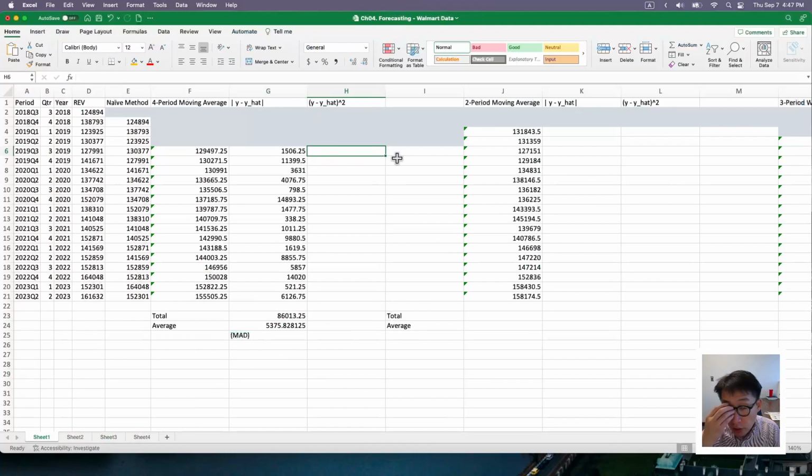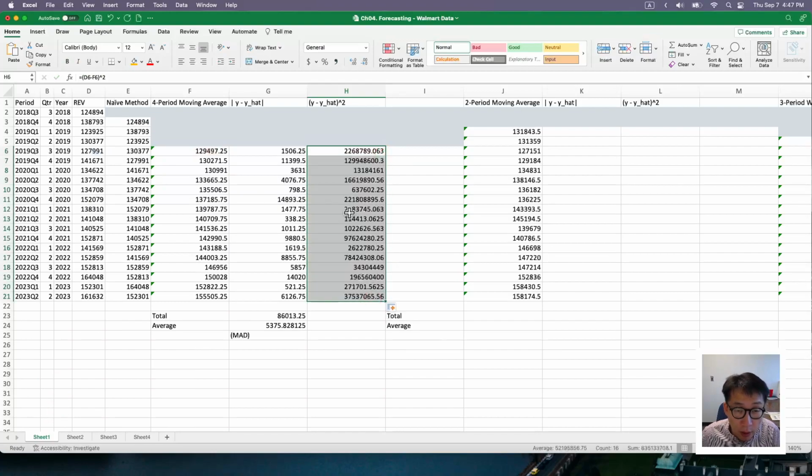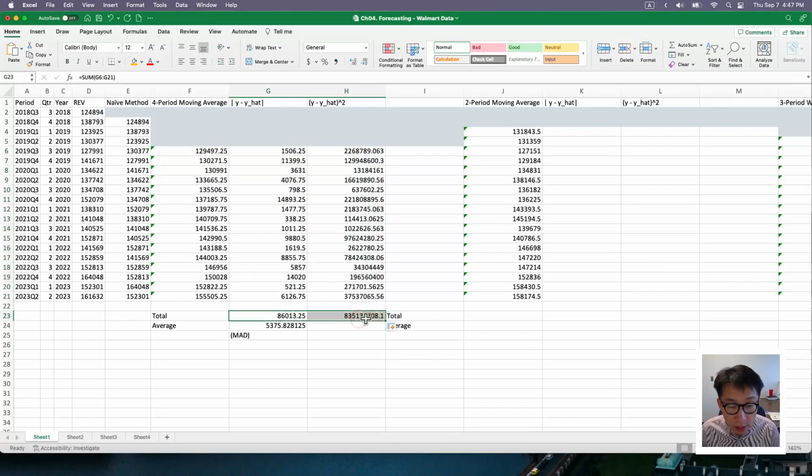The other approach is your mean squared error. Essentially you also take the difference, but you have to square it. This is also needed to prevent the resulting differences from canceling each other out. The total here is basically the sum of everything, and then you just average them out.